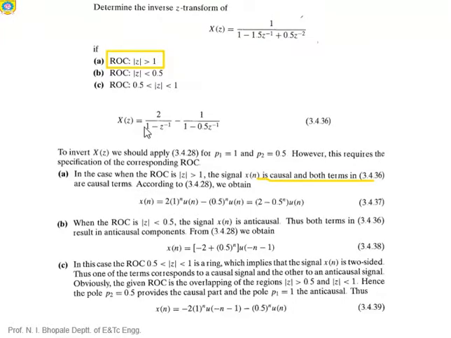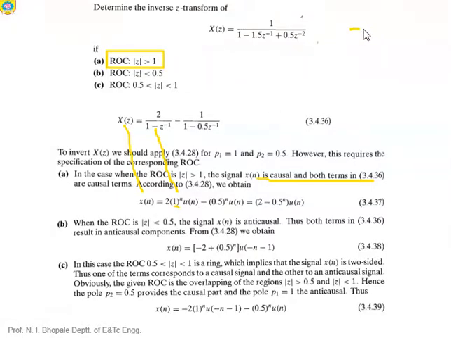So just by comparing with the given equation, x of n from this x of z will be the inverse z transform. So 2 will be a constant, so it will be taken outside. So 2 into 1 raised to n. How is this 1 coming? It is minus 1 into z raised to minus 1.